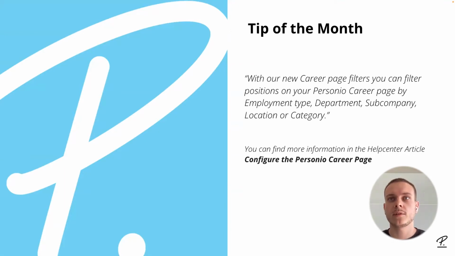You can now enable filters for employment type, department, subcompany, location, or category. Simply navigate to your recruiting settings, to the career page settings, and there you can enable or disable specific filters. You can also find more information in the Help Center under the article Configure the Personio career page.